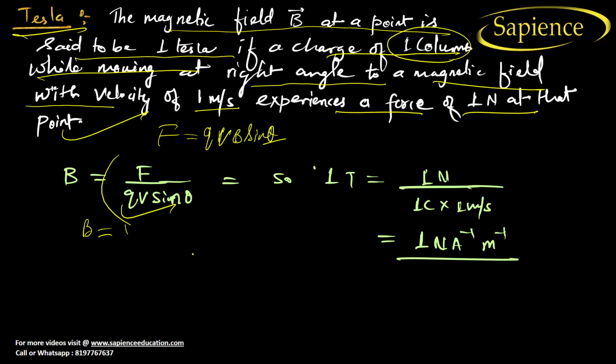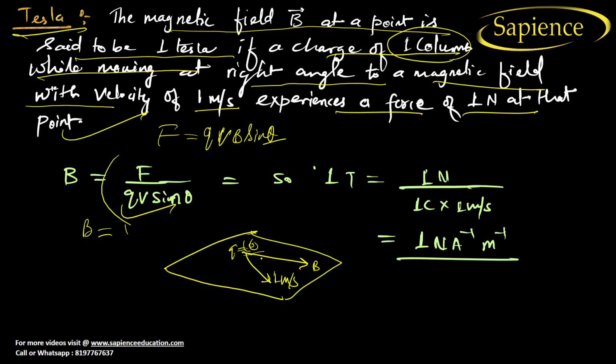Now what happens? When the magnetic field B is there, if a charge of 1 coulomb is moving with 1 meter per second, then the amount of force experienced is 1 Newton.